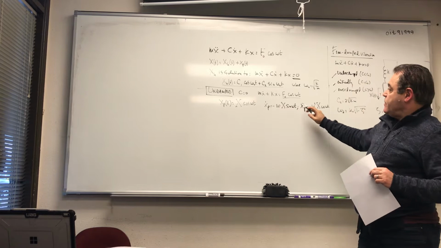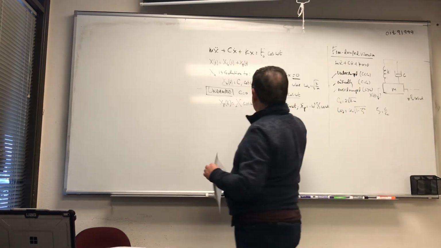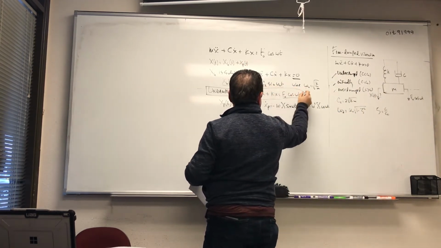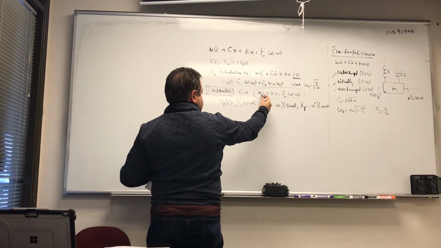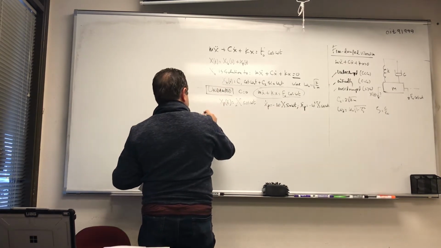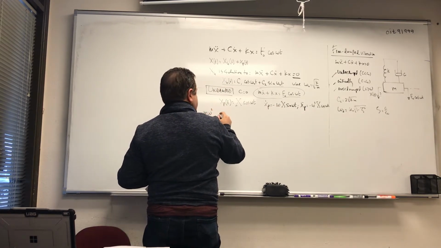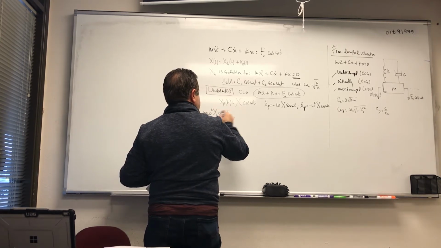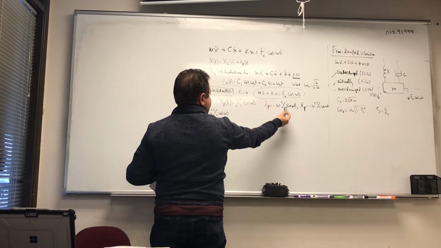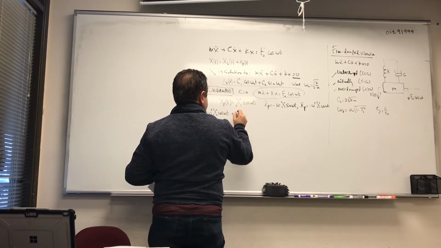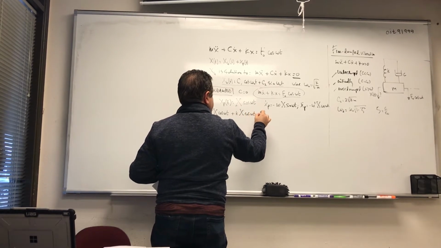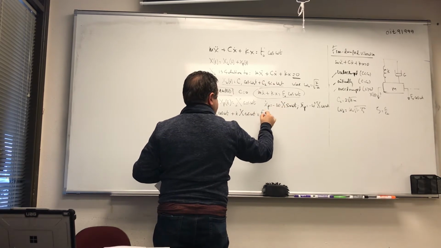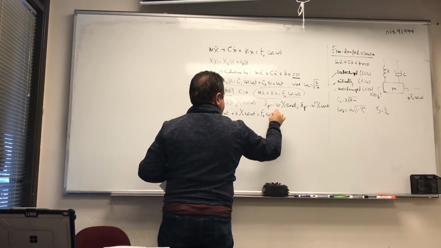If I substitute the value of xp into the undamped equation, I will end up with m times x double dot, which is minus m omega squared capital X cosine omega t, plus k capital X cosine omega t, equal to f0 cosine omega t.